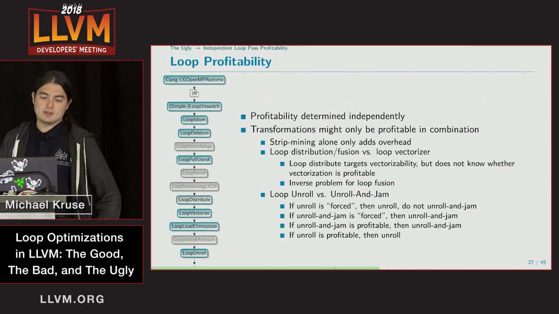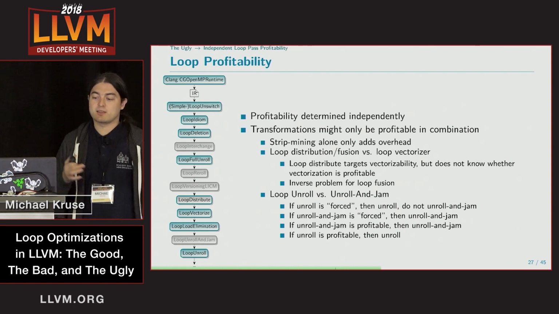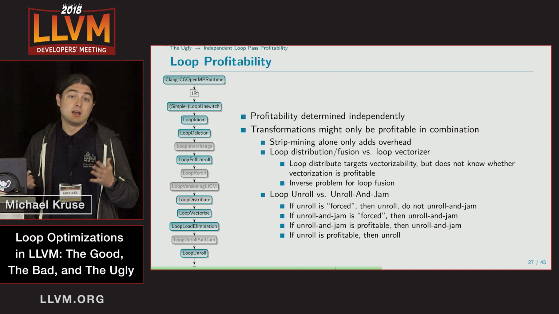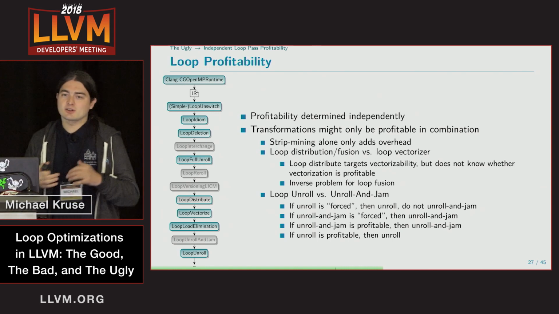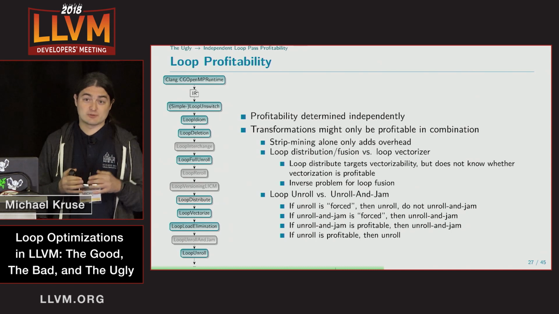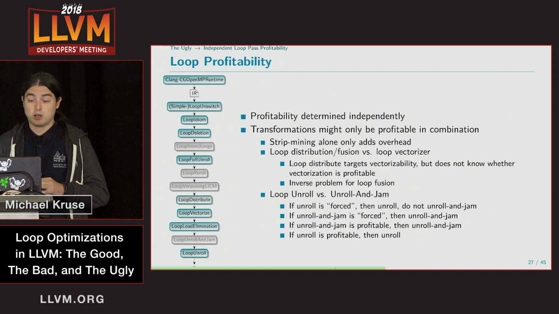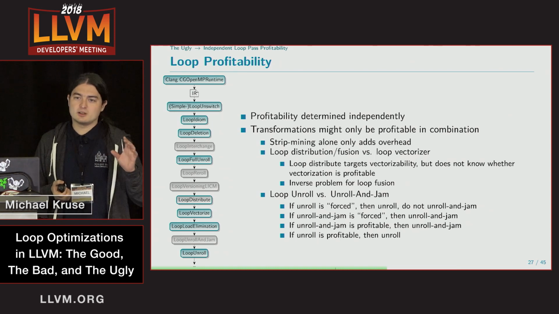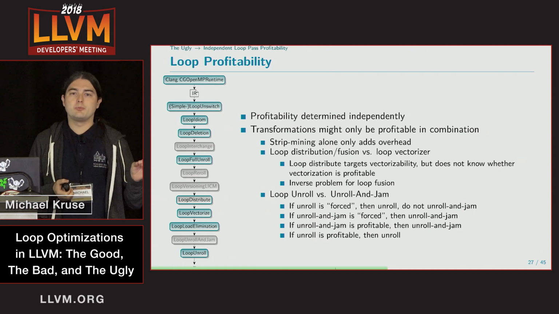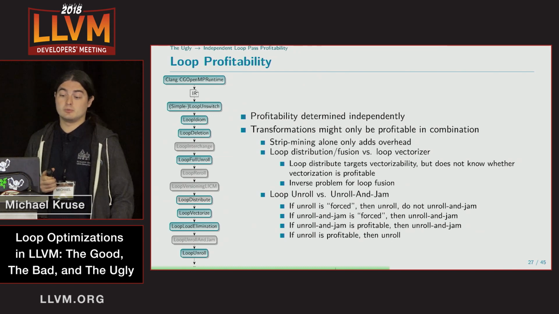At the moment, the loop passes each consider themselves what's profitable, but sometimes, or I would say even in the majority of cases, you need a combination of loop transformations to get the optimal performance. Once this loop distribution pass needs to know whether a distributed loop out of your main loop would be vectorizable or not. If not, there's no point in distributing it out of the main loop.